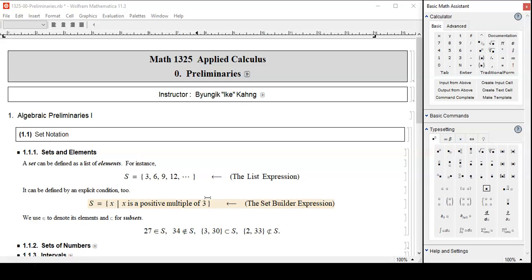So x is a positive multiple of 3: 3, 6, 9, 12, 15, and so on. Everybody can see these two are equivalent, whether you use the list expression or the set builder expression.